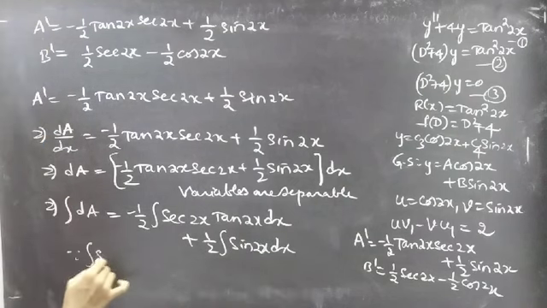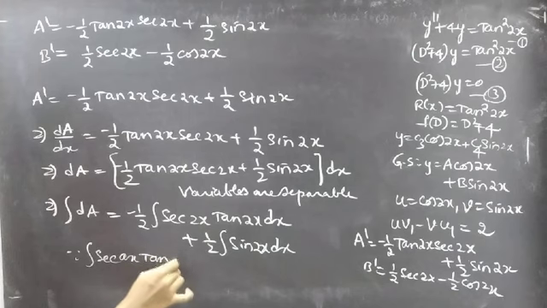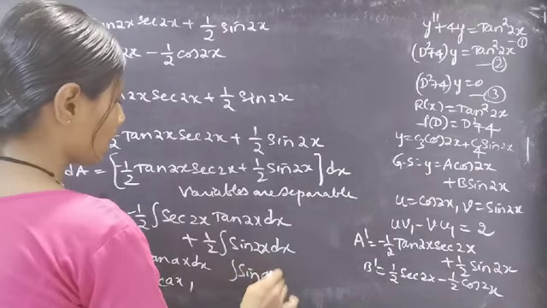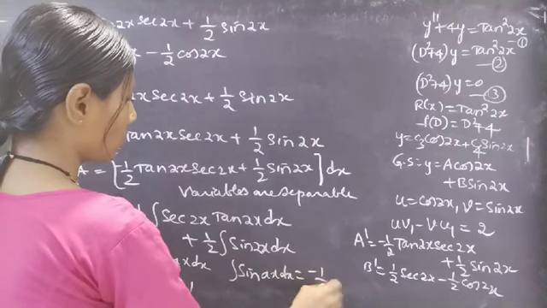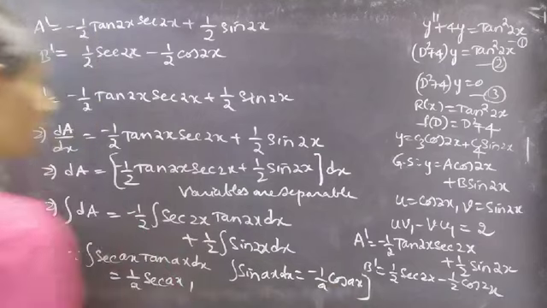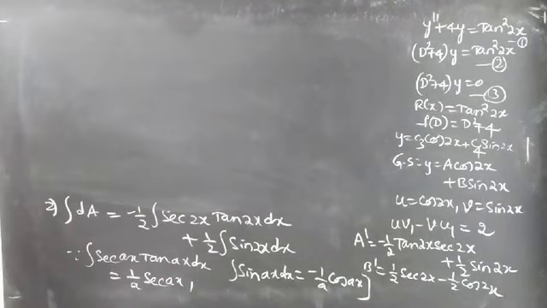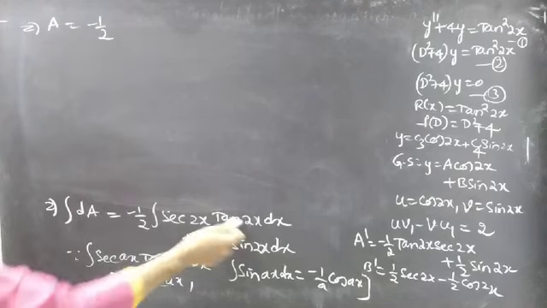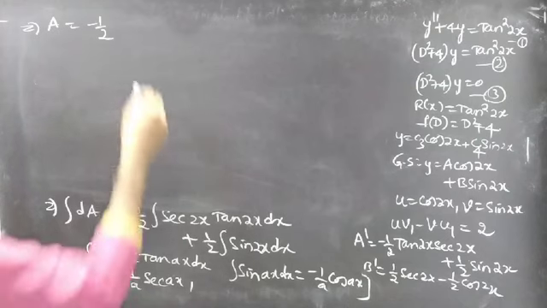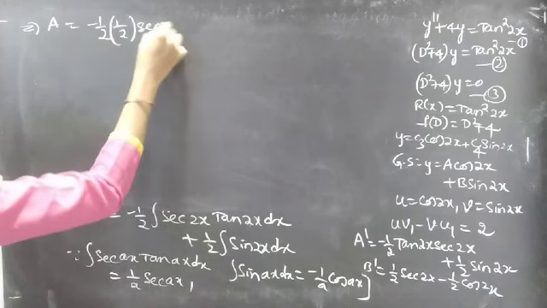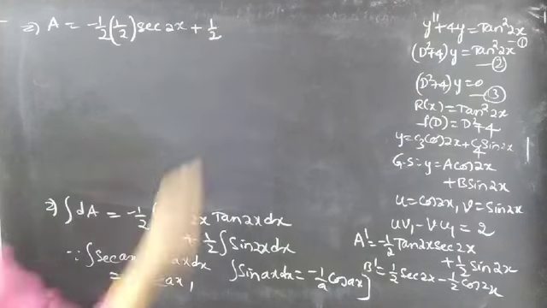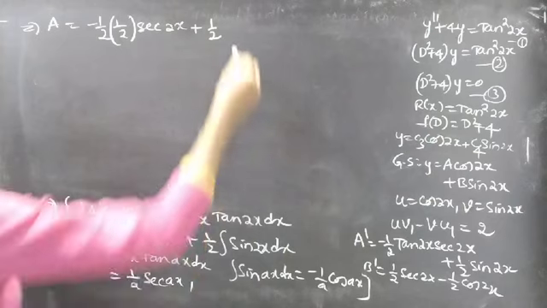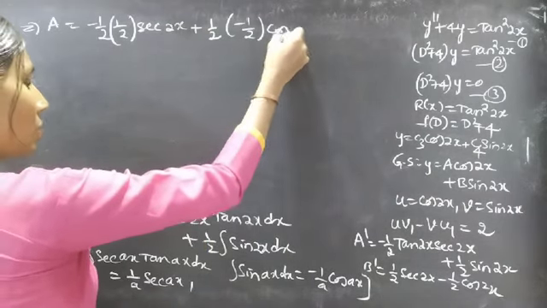Since integral secant ax tan ax dx equal to 1 by a secant ax and integral sin ax dx is minus 1 by a cos ax, then the above integral becomes integral dA is a equal to minus 1 by 2 into integral secant 2x tan 2x. For a equal to 2, we'll get 1 by 2 into secant 2x plus 1 by 2 into integral sin 2x dx is minus 1 by 2 cos 2x plus some integral constant say c1.